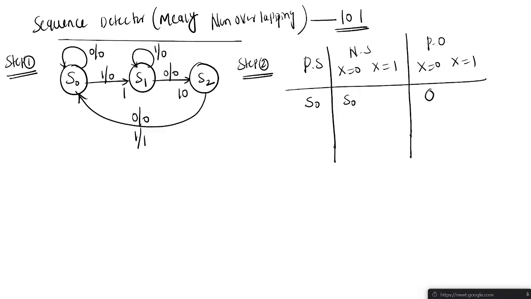What is the output? Zero only. And input equal to 1, it will go to S1. What is the output? Zero. For S1, input equal to 0, what is the next state? S2, and output is 0 only. And input equal to 1.